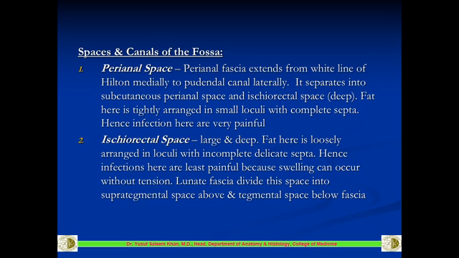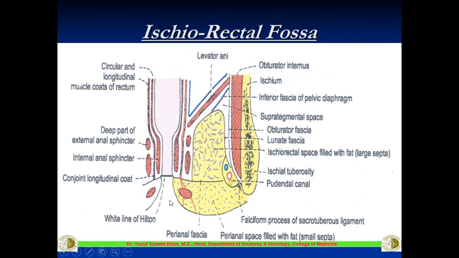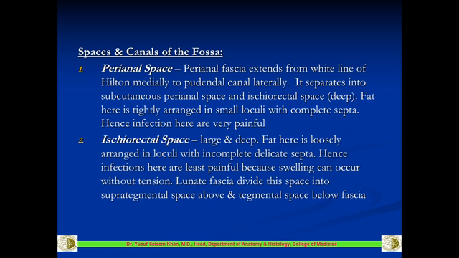Here the important feature is the fat here is tightly arranged in small locules with complete septa, hence infections are very painful. So this is clinically very important. If there is any infection within this perianal space, it will be very painful, because this whole area filled with fat is tightly locked in the form of loculi, okay, with complete septa.